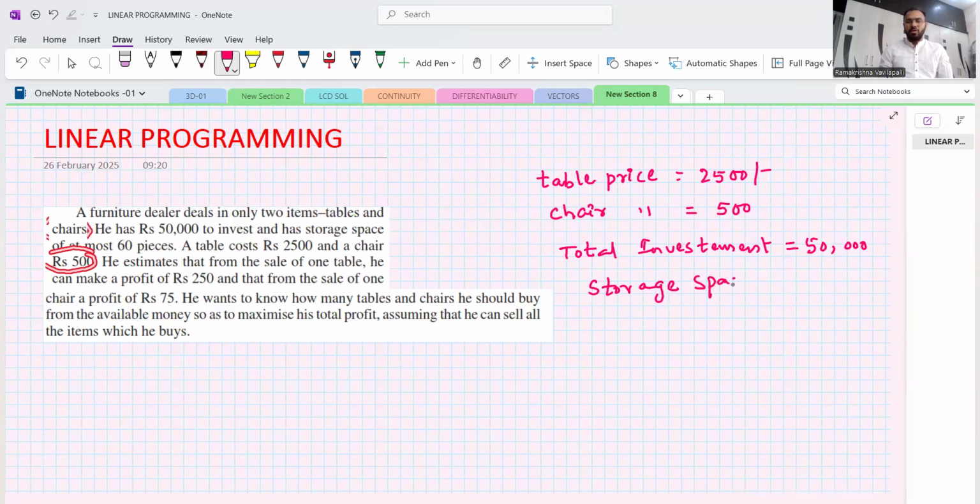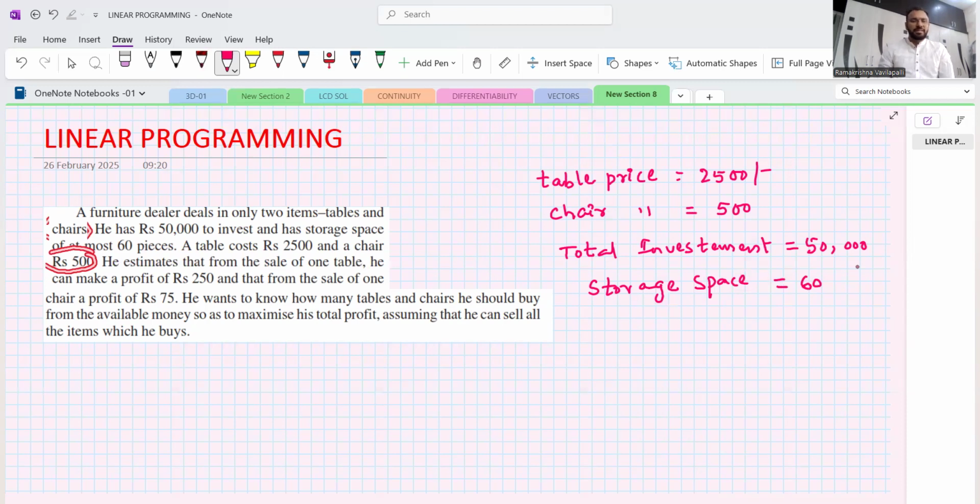It can hold a maximum of 60 pieces. So now the point is the number of items is limited, it is not more than 60, and your investment is 50,000 rupees, with table price 2,500 and chair price 500.